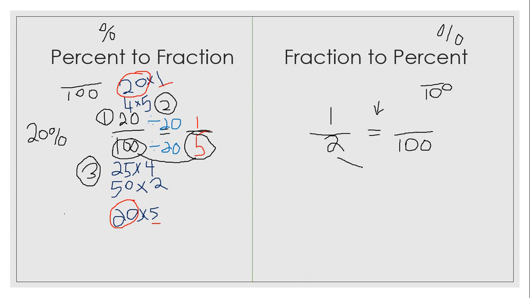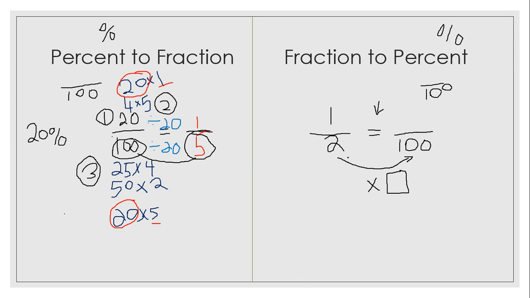Now over here, we're going from 2 to 100, so it increased. I need to multiply. So then I've got to think to myself, what times 2 gives me 100? Over here, we're thinking to ourselves, what can I divide the 100 by to get that simplified fraction?